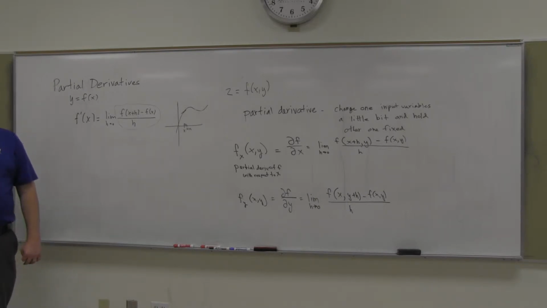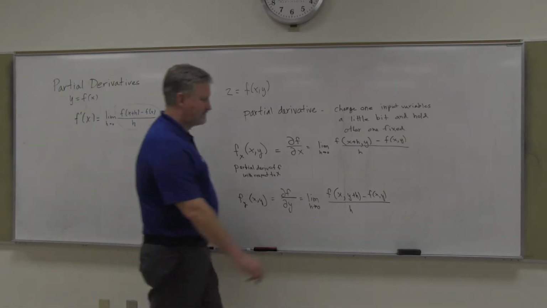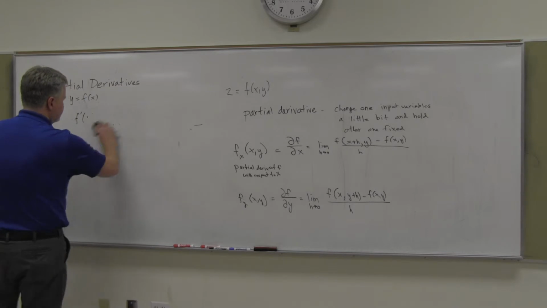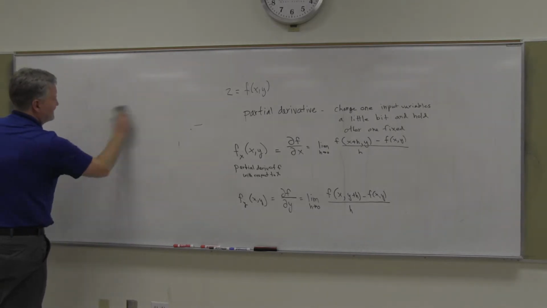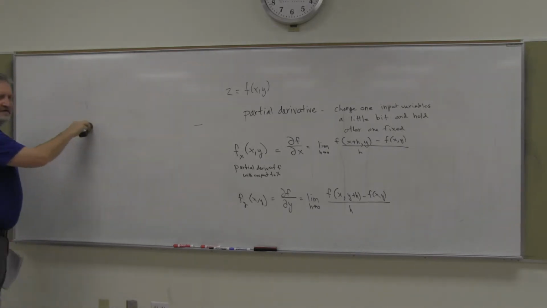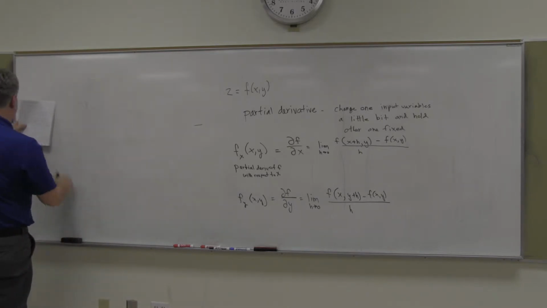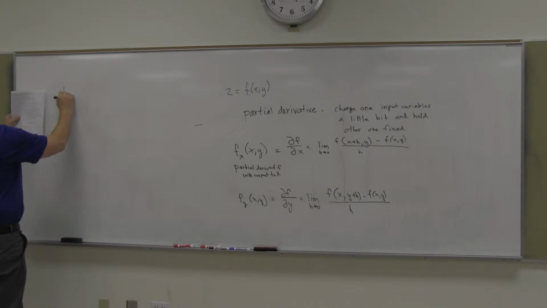Okay. Now, as far as what this means, as we know, the derivative means the slope of the tangent line, and that's basically what it means for partials as well.